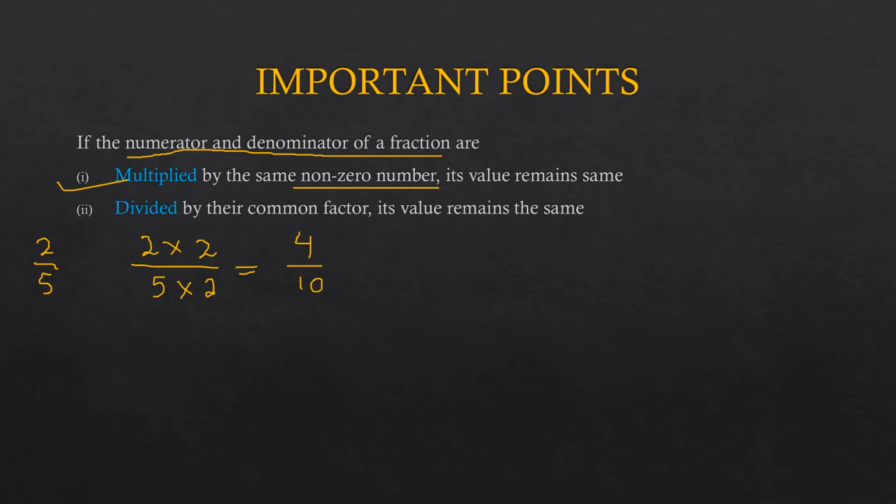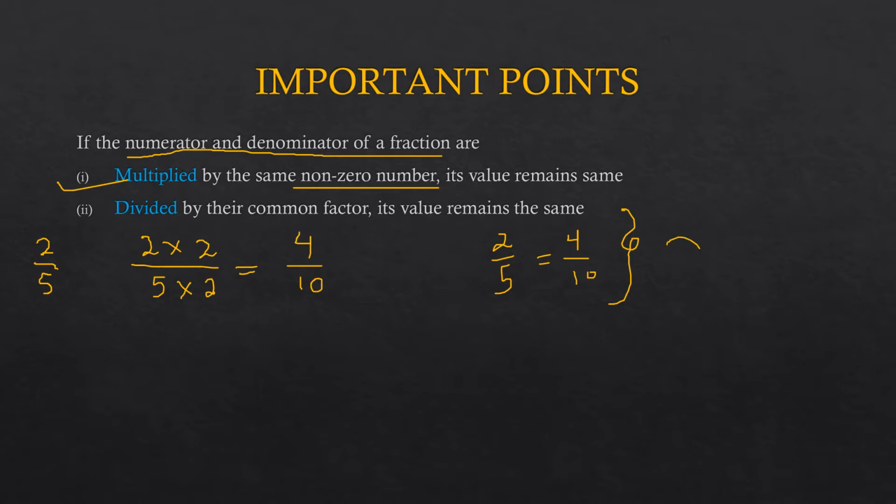This result is always equal to the given fraction. 2 by 5 is equal to 4 by 10. According to the first point, this is the main thing, that the obtained fraction is equal to the given fraction.